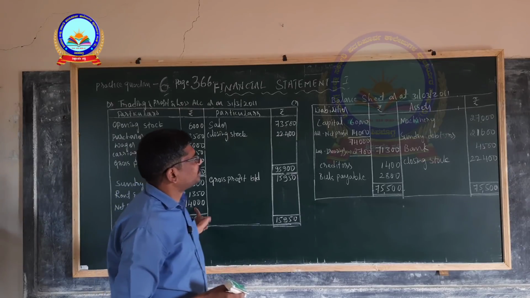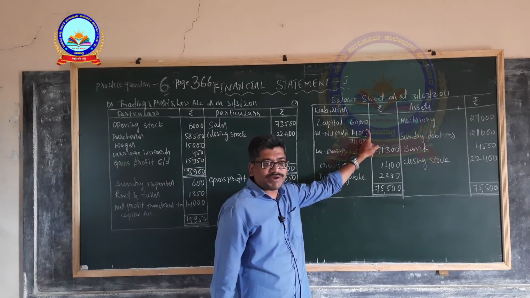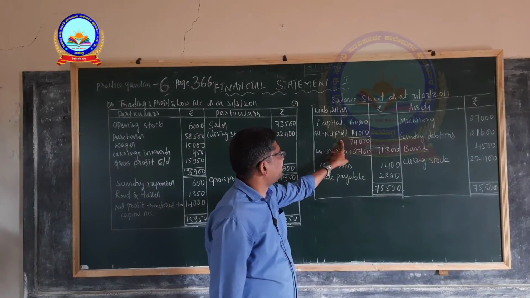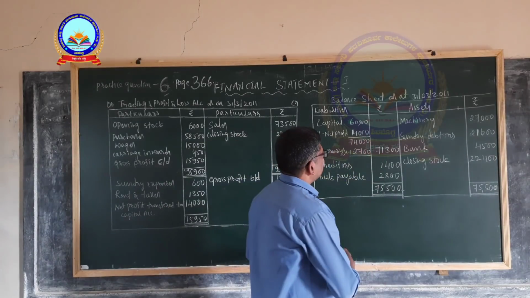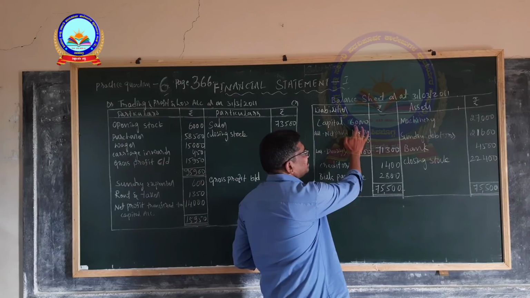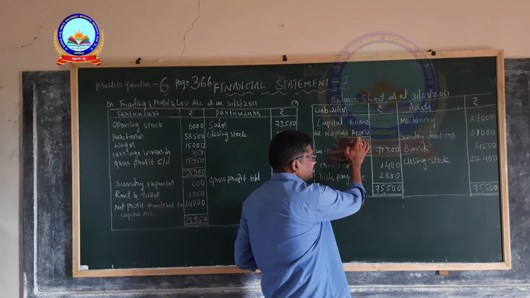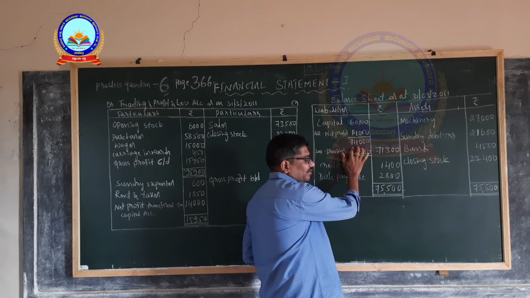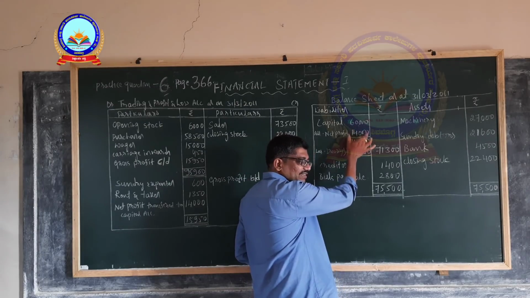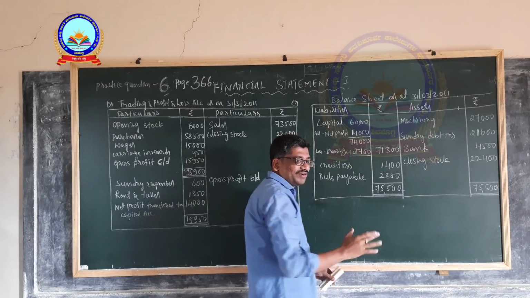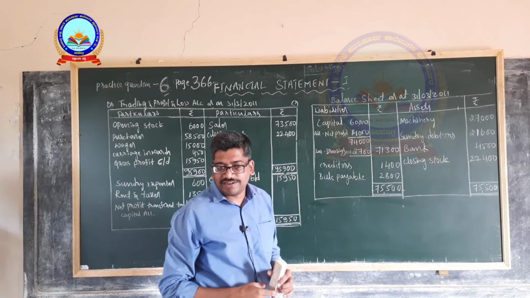This 14,000 rupees should be added to the capital account. Add net profit rupees 14,000. Now make the total of capital plus net profit: 60,000 plus 14,000 equals 74,000. Write this amount in the inner column itself, because one more adjustment is there for the capital.